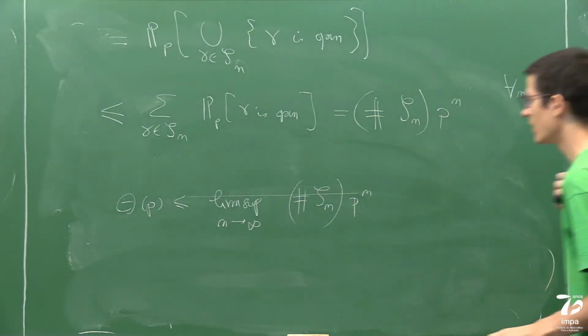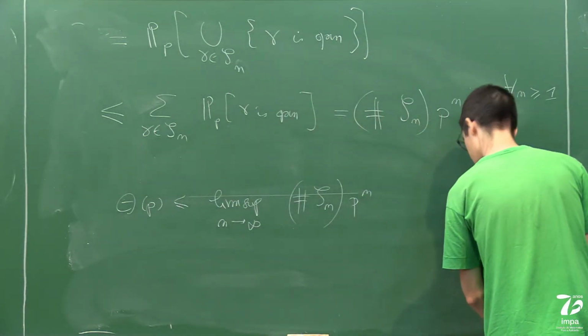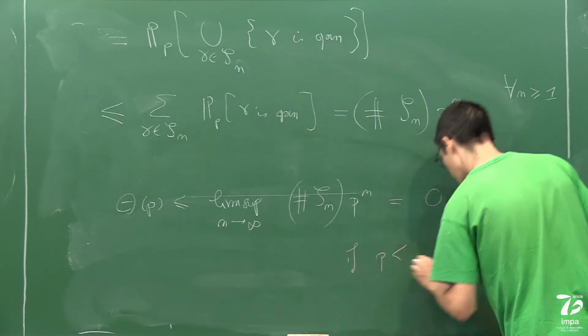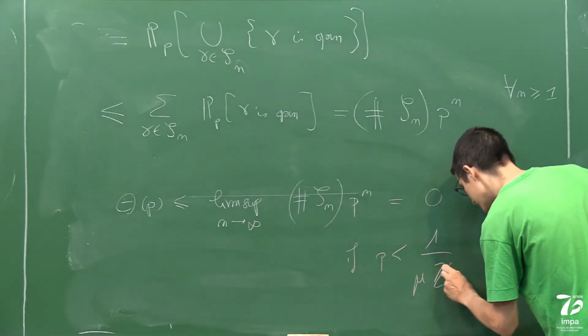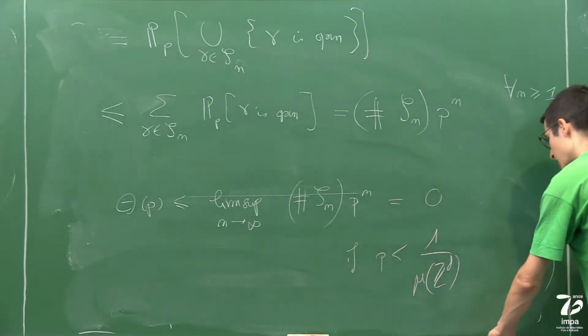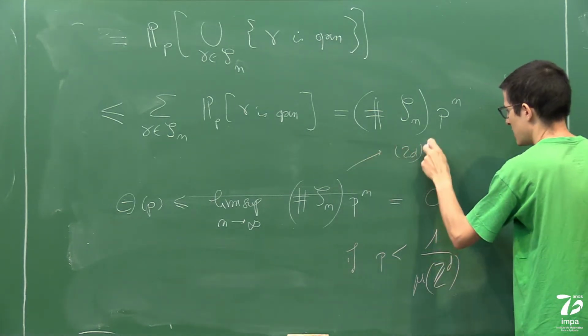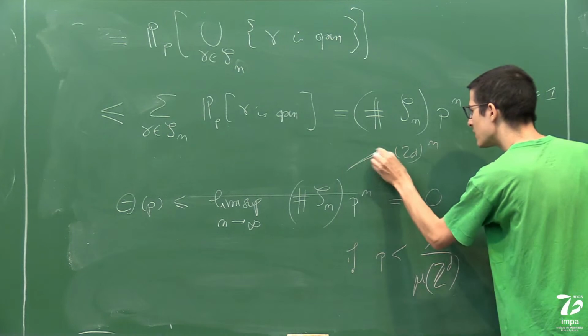And we know that this is equal to 0 if p is smaller than 1 over mu of Z^d, where this is the connectivity constant of Z^d. Okay, so well, this is just for the sake of having a good bound. You can just say that this is smaller than 2d to the n. I should use a different color.